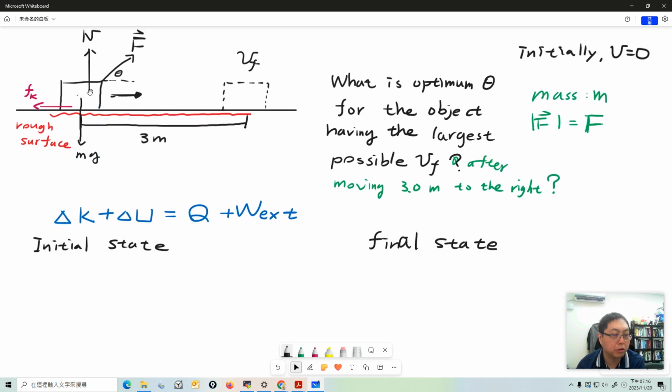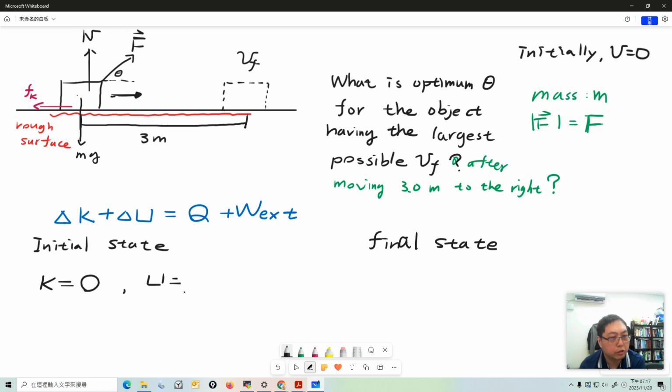Let's start with the initial state. Initially, this object is at rest, so there's no velocity, which means you don't have kinetic energy. And what's the potential energy at the initial state? In this semester, we only have two kinds of potential energy: elastic potential energy, or spring force potential energy, and gravitational potential energy.